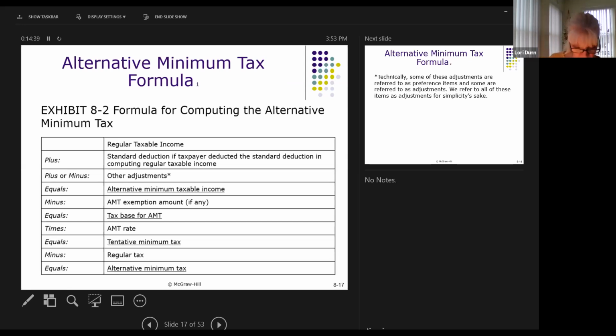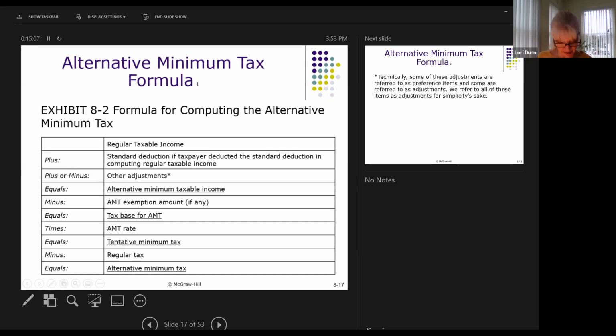The next page. Example 8.7. We're going back to, oh no, Courtney got to take the full exemption. Okay. So her tax base for AMT is $82,250. Now they tell us $700 of that AMT base are subject to a 15% preferential rate.